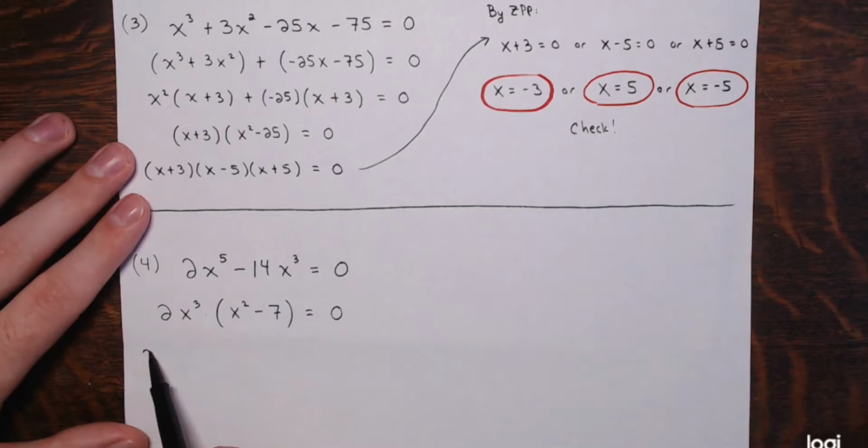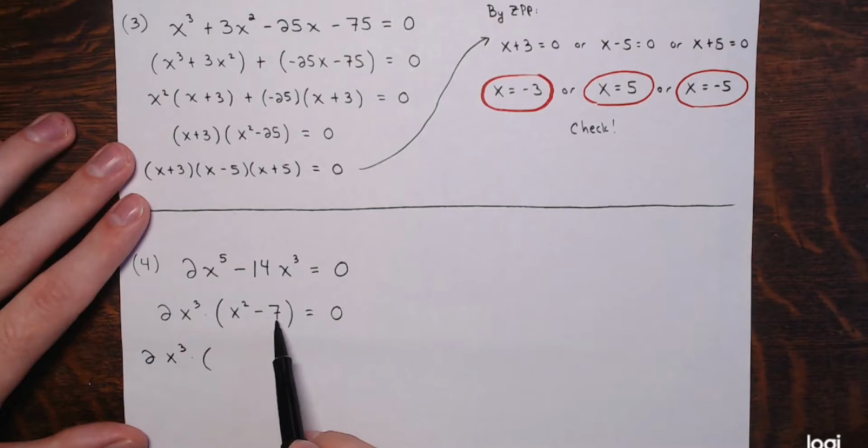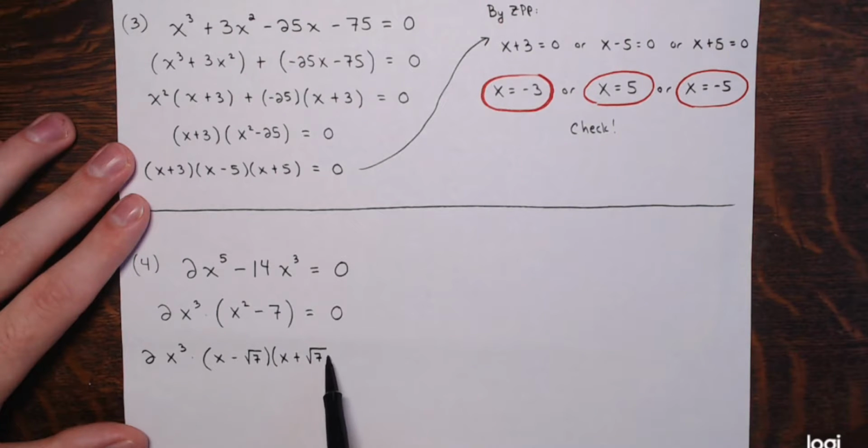So hopefully you can follow me here: 2 times x cubed, and if you want, x squared minus 7, you can factor as x minus the square root of 7 times x plus the square root of 7. Nothing wrong with that at all. But now it's factored over the real numbers. Square root of 7 isn't an integer anymore.